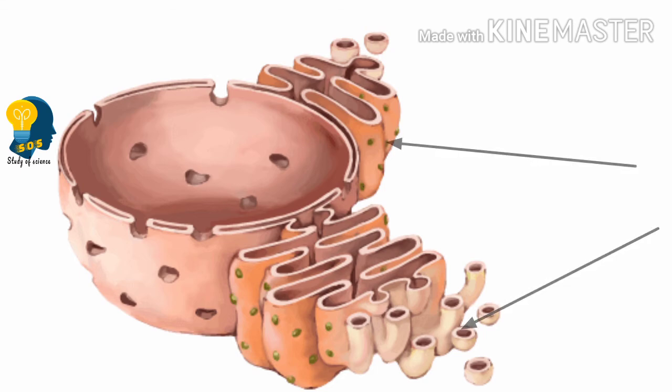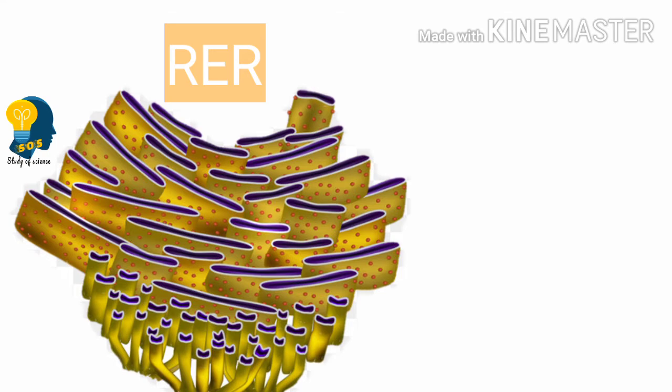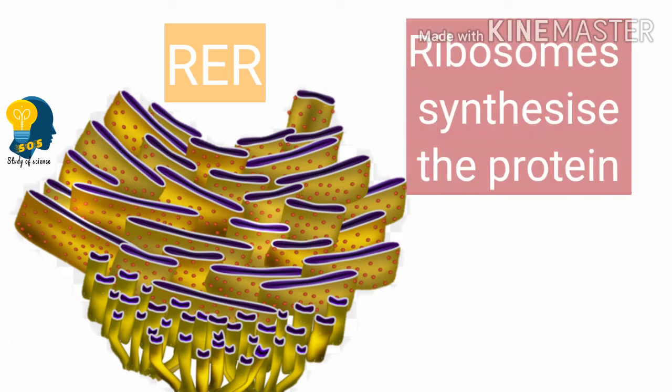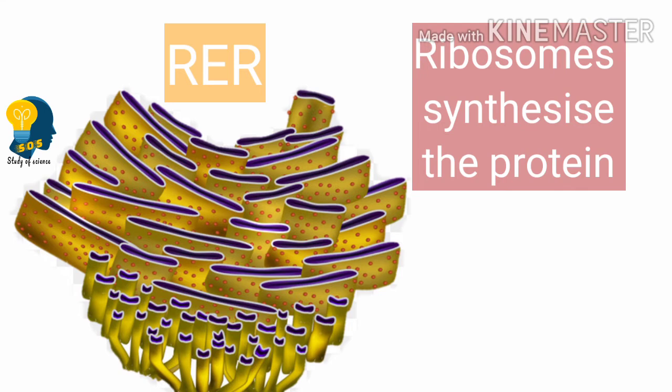Now let me give a little more clear picture about the rough endoplasmic reticulum. As we have understood, we call it RER because it has ribosomes on it. So what do these ribosomes present on the endoplasmic reticulum do? We have understood in the previous session, children, that ribosomes synthesize protein.